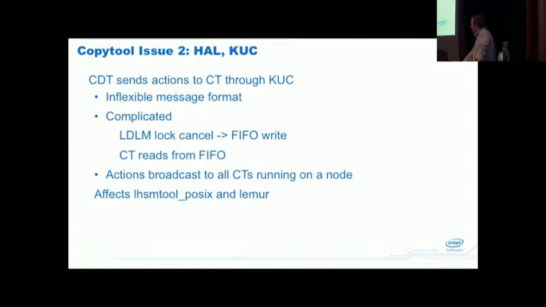Briefly, another issue is the use of KUC. This is an inflexible message format. It doesn't have the extensibility of the Lustre RPC channel. It's a bit complicated, and I think it doesn't have very good error recovery semantics. This issue affects every copy tool that exists at this point.